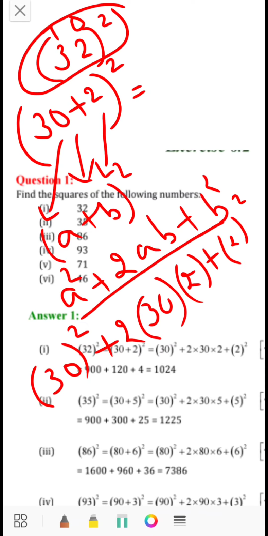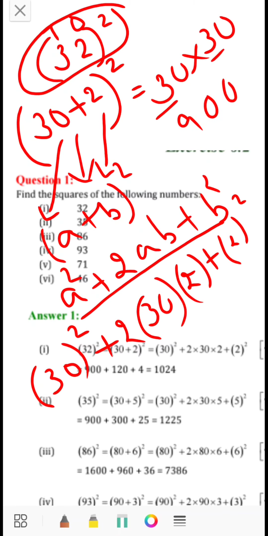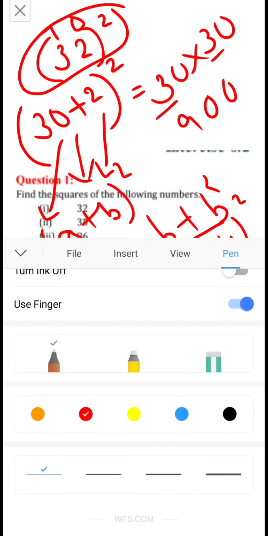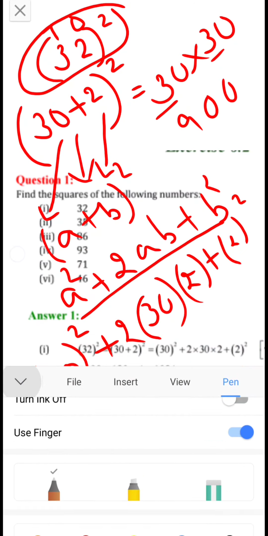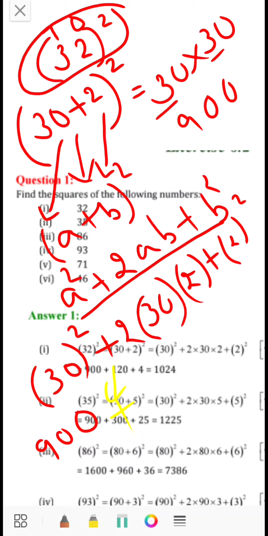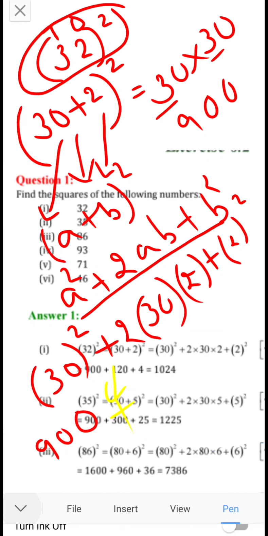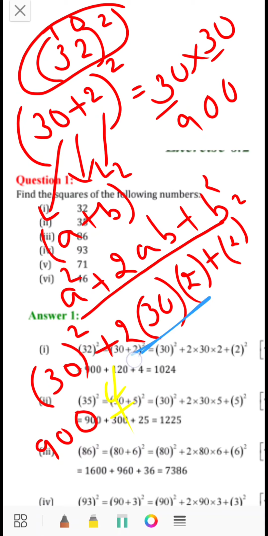Now 30 square means 30 into 30. 3 threes are 9 and 2 zeros, so the square of 30 is 900. The sign of addition will remain as it is. Then these are in multiplication: 2 threes are 6, 6 twos are 12, and this 0, so 120.